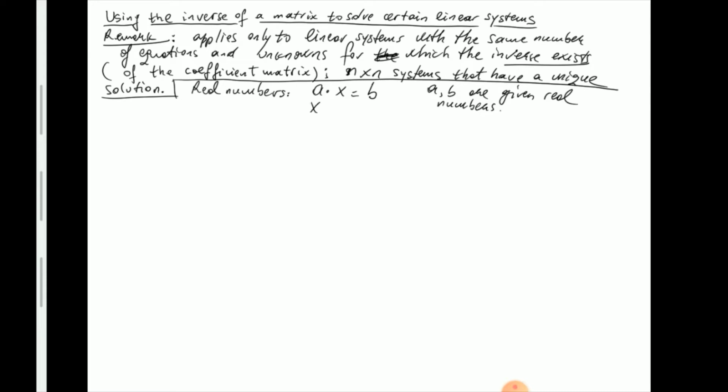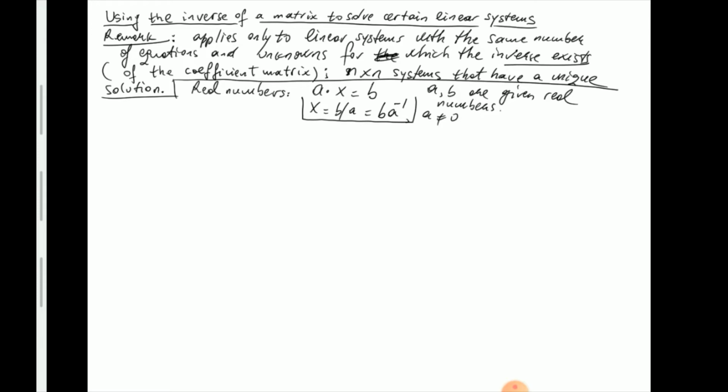So x equals b over a, which is the same as saying x is b times a inverse. But remember, not every real number has an inverse. For that to happen, you need a not equal to 0. Only in that case you have a unique solution, which is given by multiplying the inverse to the right hand side.